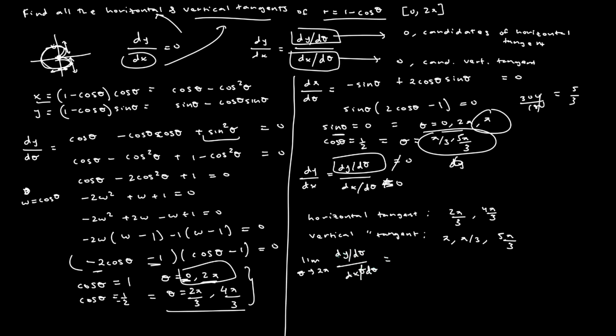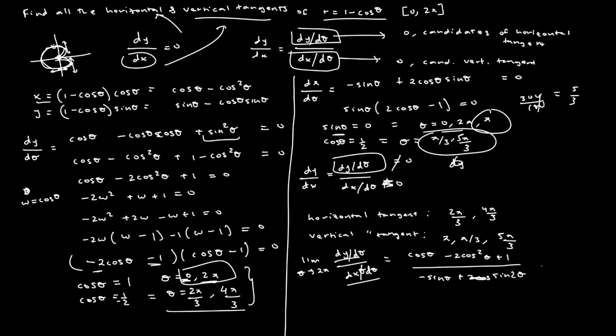And plugging in dy over d theta and dx over d theta, we get cosine theta minus 2 cosine squared theta plus 1, divided by minus sine theta plus 2 cosine, and I'm going to rewrite this as just sine 2 theta because I don't have to use the product rule in that case.